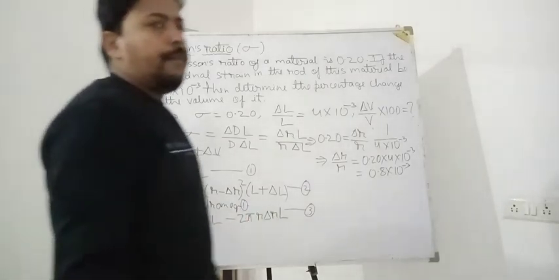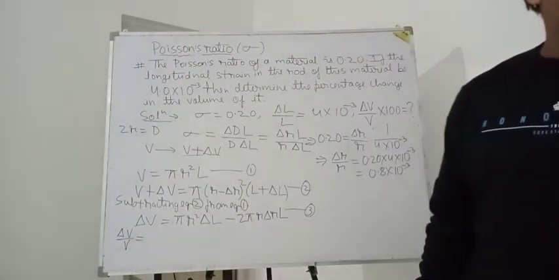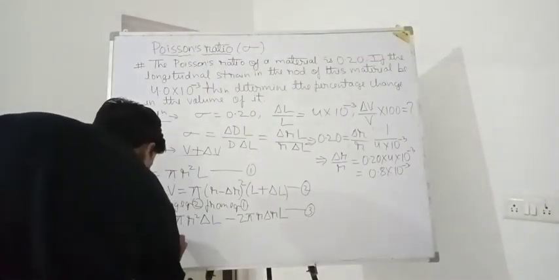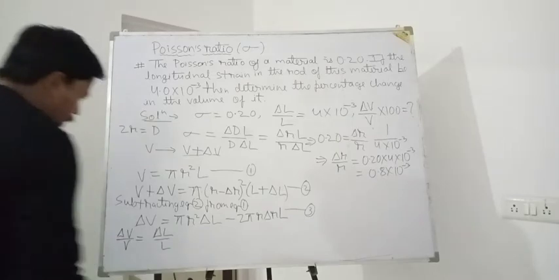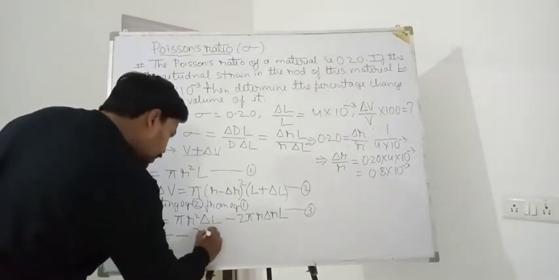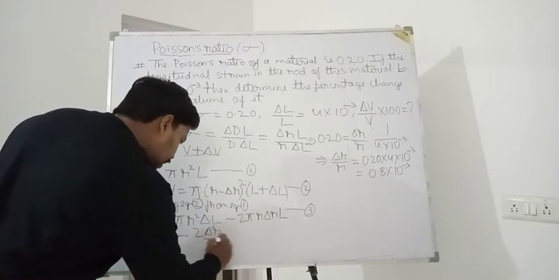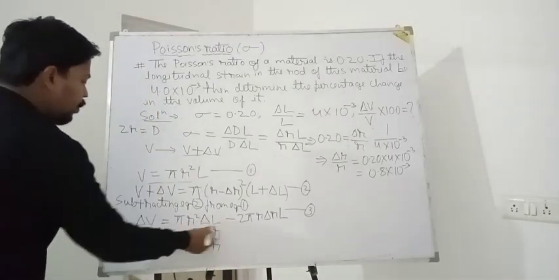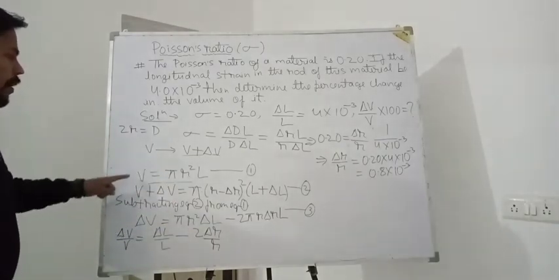So delta V upon V comes out to be delta L upon L minus 2 delta R upon R.